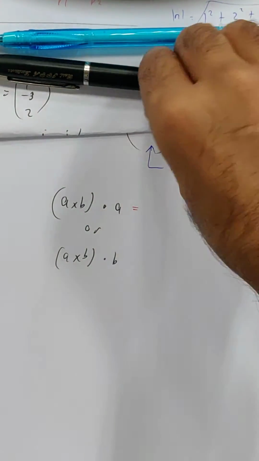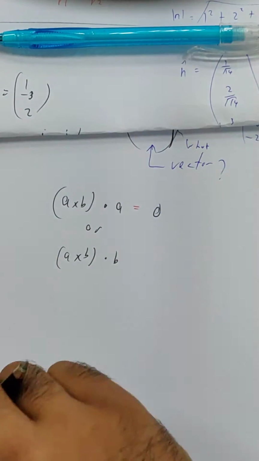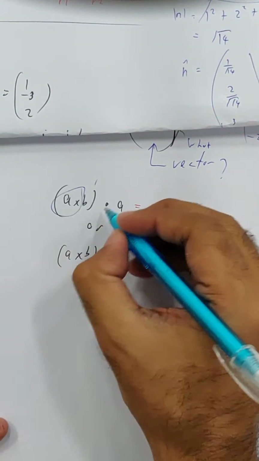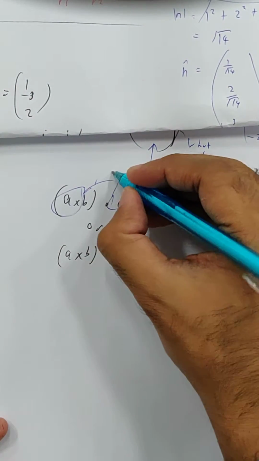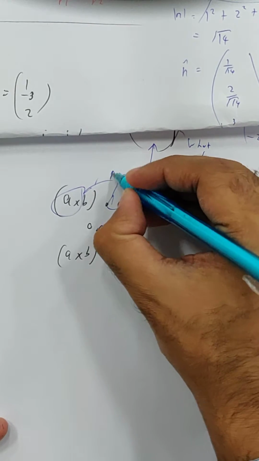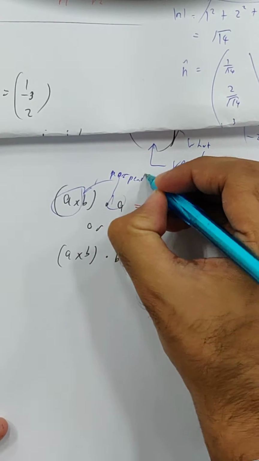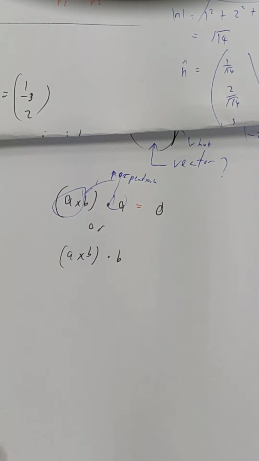Because it's a... What's the relationship of A cross B and A? They are normal, they are perpendicular. Are you guys okay? Do you want me to explain again? Are you okay? I'm not sure of your answers.